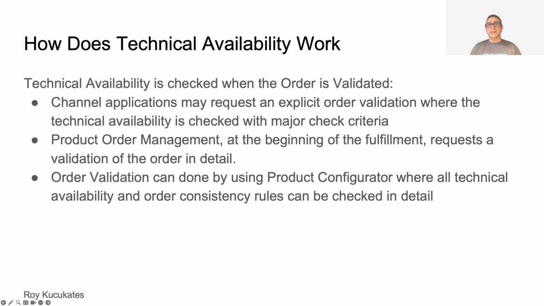The order validation can be done by various components, by an order manager, etc. But my recommendation is to use the product configurator, where all the technical availability and order consistency rules are already hosted and managed.